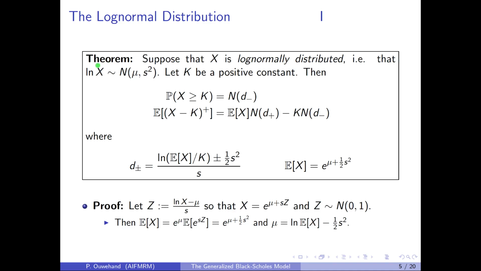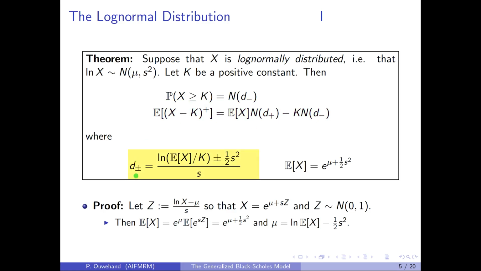Here is the result. Suppose that X is log-normally distributed, i.e. that the log of X is normally distributed with mean mu and variance s squared. Let K be a positive constant. Then the probability that X is greater or equal to K is equal to N(d minus), and the expected value of (X minus K) plus is equal to the expected value of X times N(d plus) minus K times N(d minus).